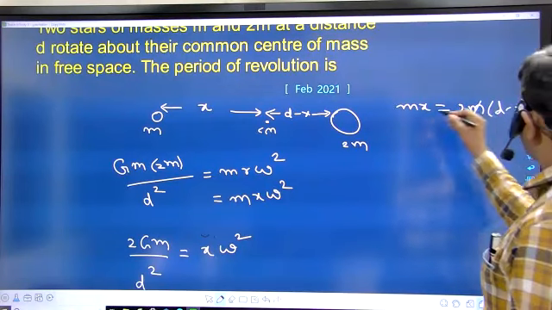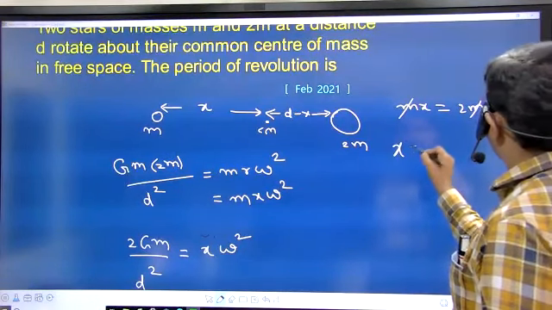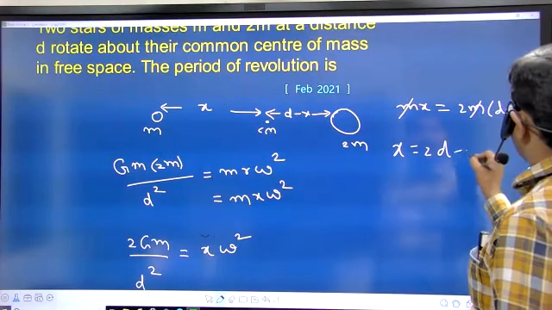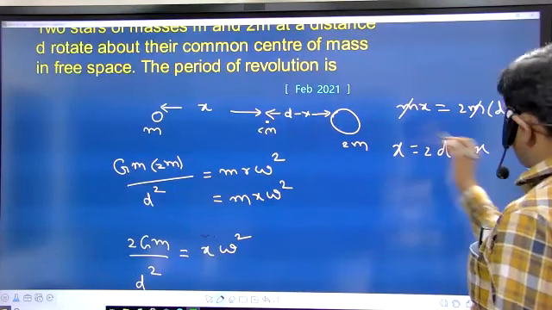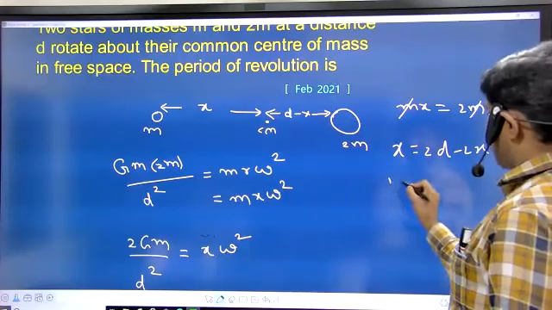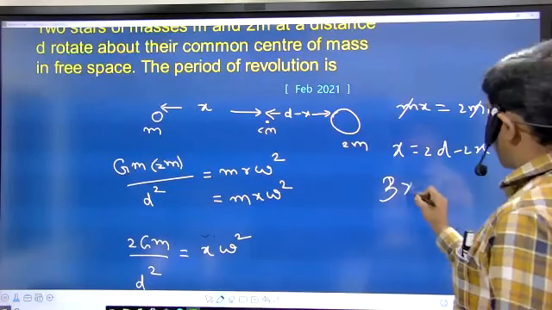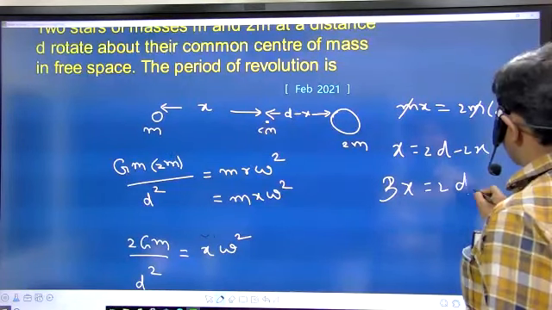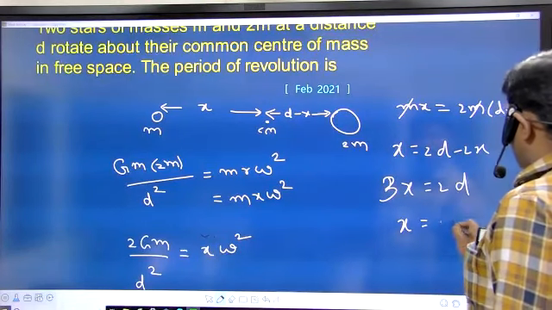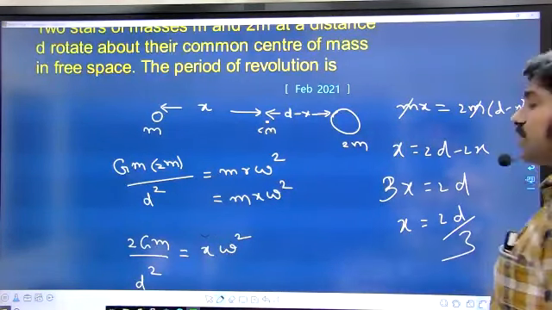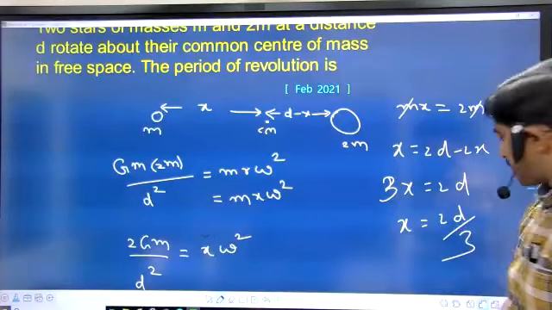Now m and m will get cancelled. x equal to how much then? 2d minus 2x. x plus 2x will be 3x is equal to 2d. What can we write for x then? x is nothing but 2d by 3. That x value you can substitute here.